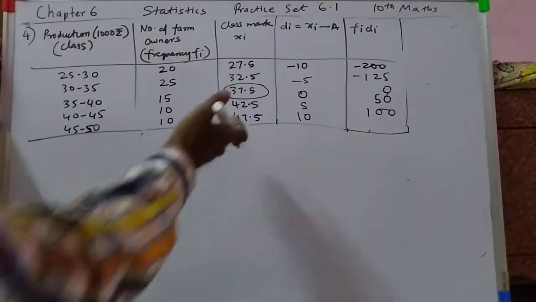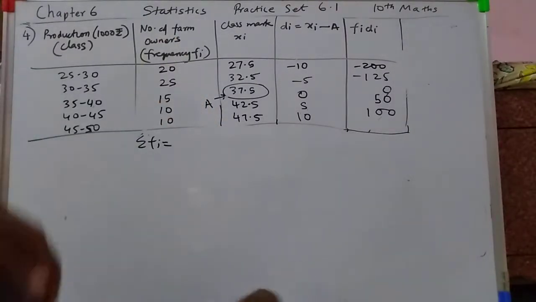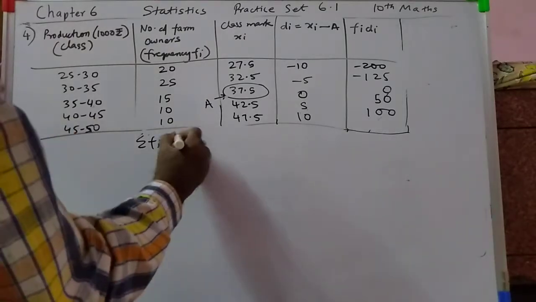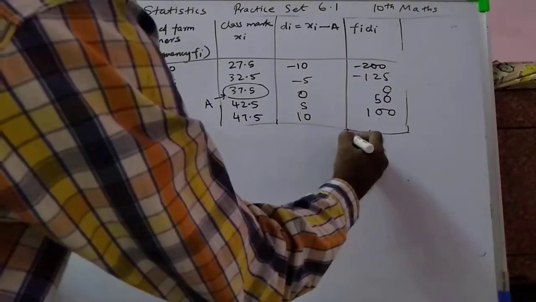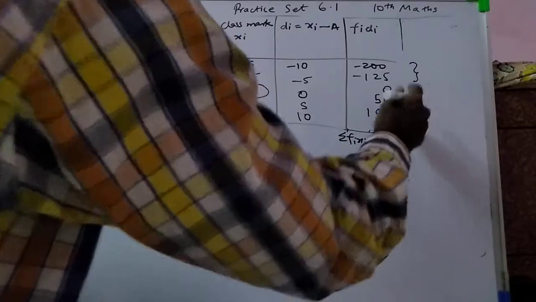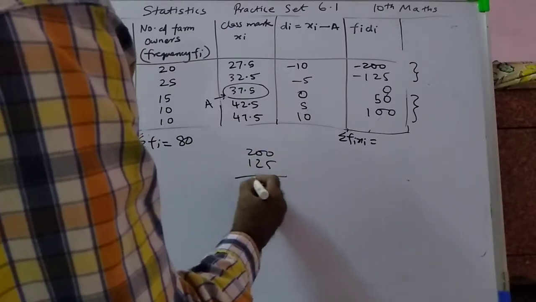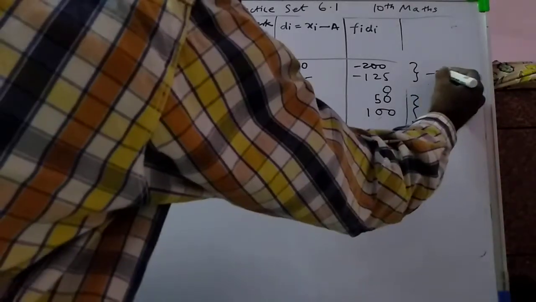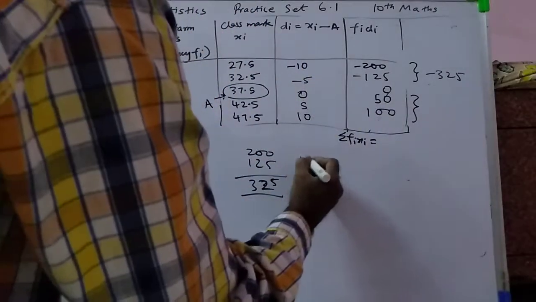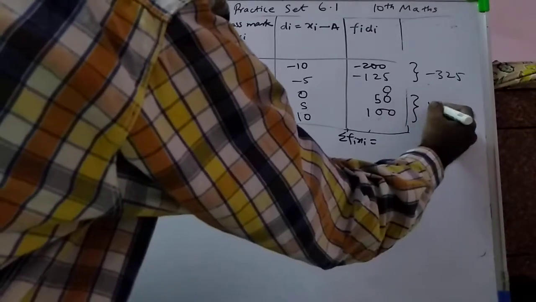If I calculate this part, the summation of fi, that will be 80. Summation of fi di: you cannot add it directly, first you have to take the negatives together. So first we take 200 and 125, that is minus 325, and here 150.